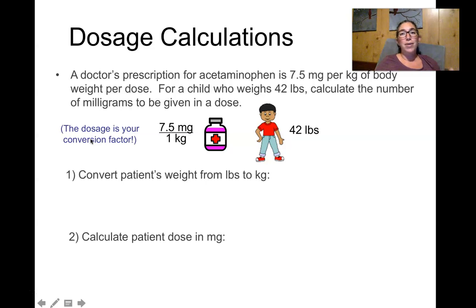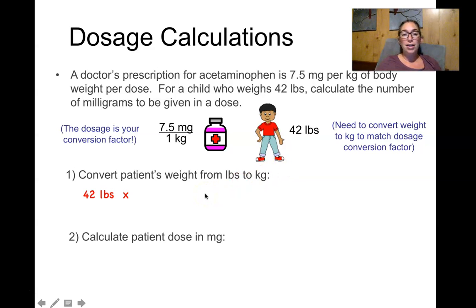That's a multiplier we can use to go from one unit to another. So the first thing we need to do is get this kid's weight in kilograms, because the dosage is in metric units, and so we need the weight of the patient to be in kilograms. So the first step is to convert the patient's weight from pounds to kilograms.